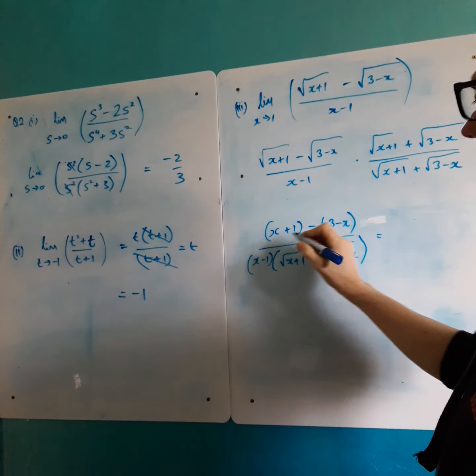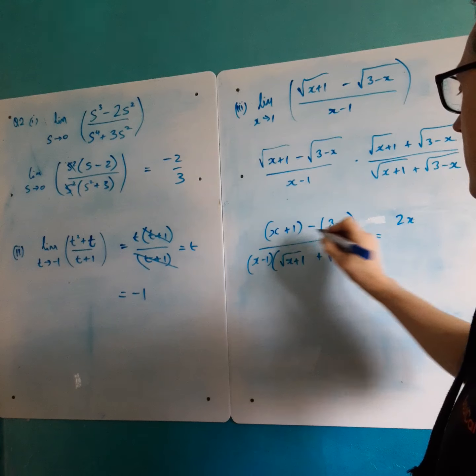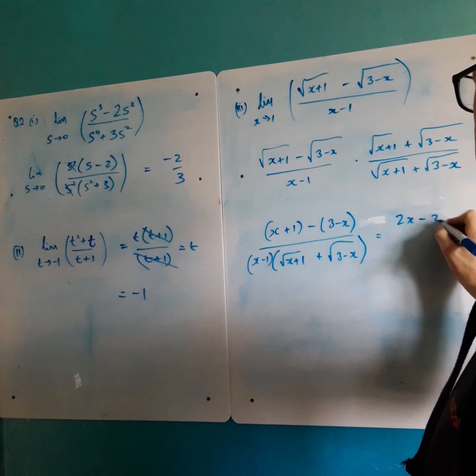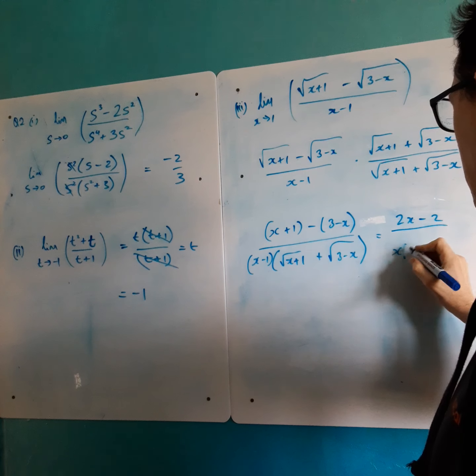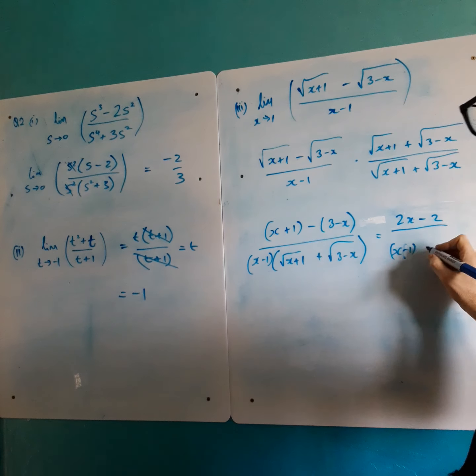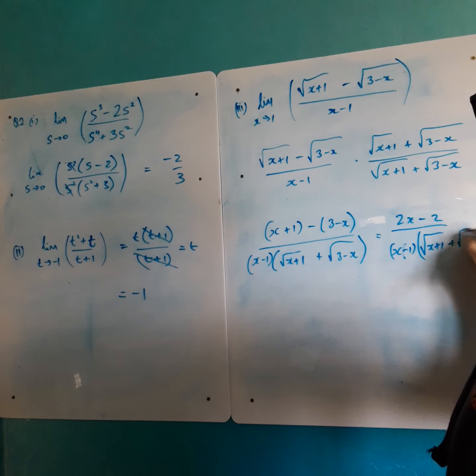So this is going to become minus x is plus x, so I end up with 2x, and 1 minus 3 is minus 2, over x minus 1 times all of this again, in brackets, root x plus 1 plus root 3 minus x.